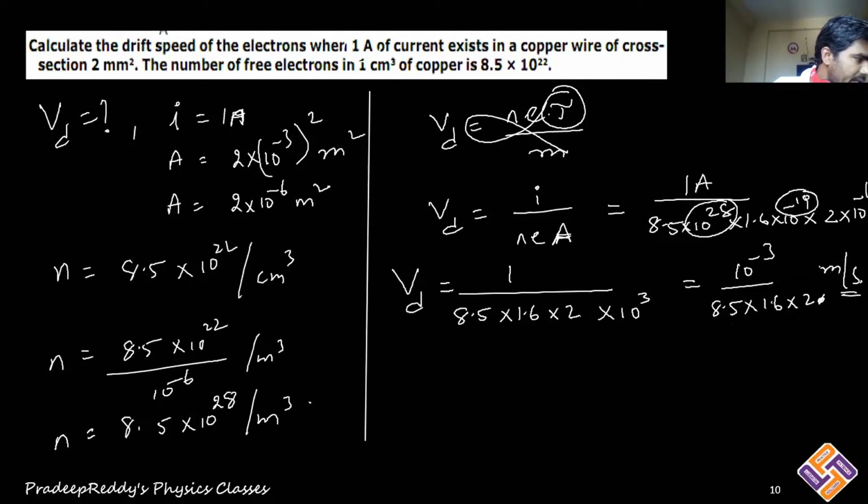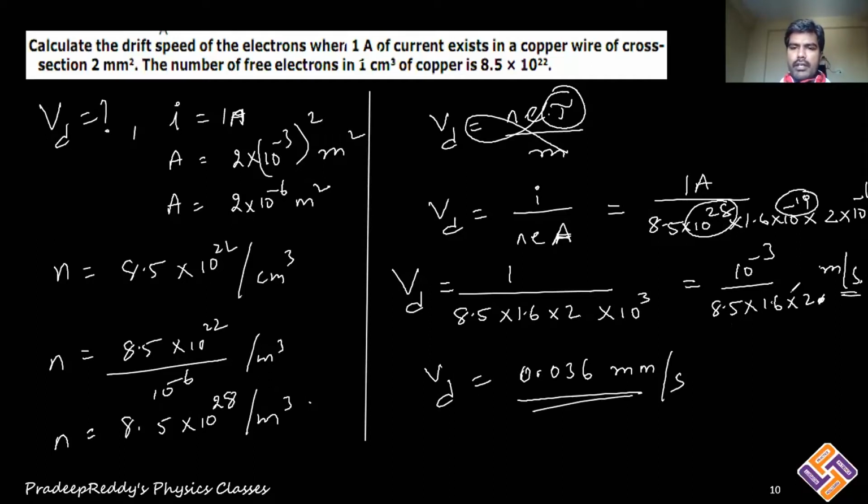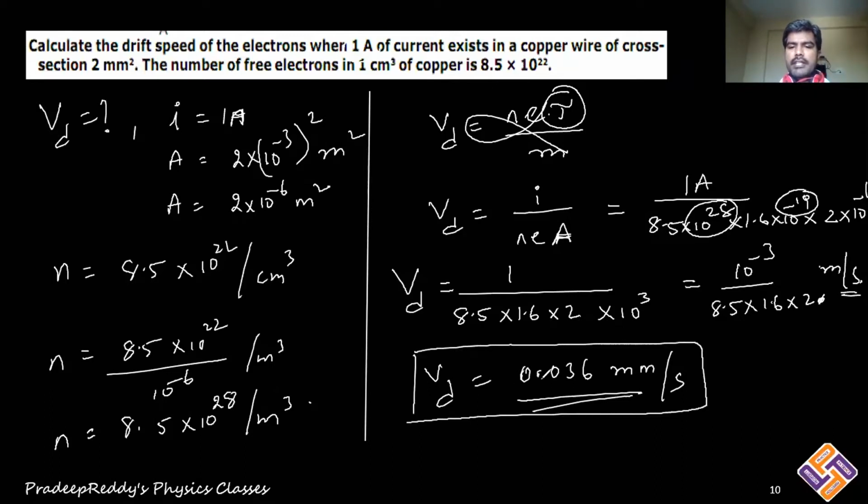The final answer seems to be nearly 0.036 millimeter per second. If you evaluate this total, you are getting a drift velocity of 0.036 millimeter per second.